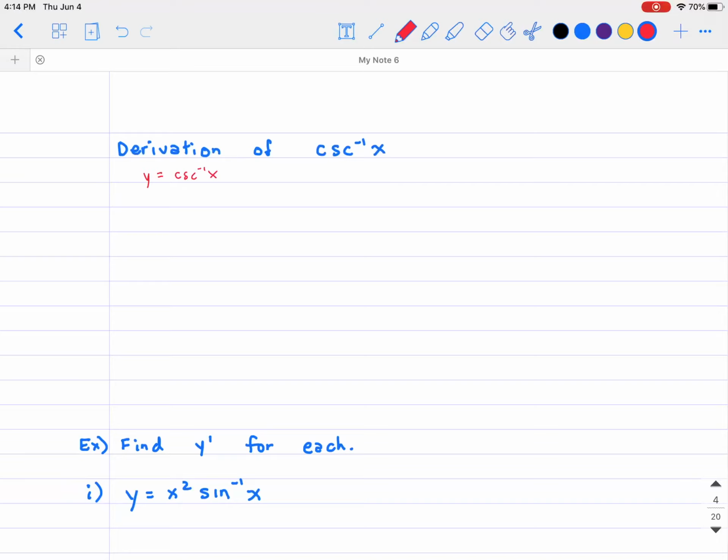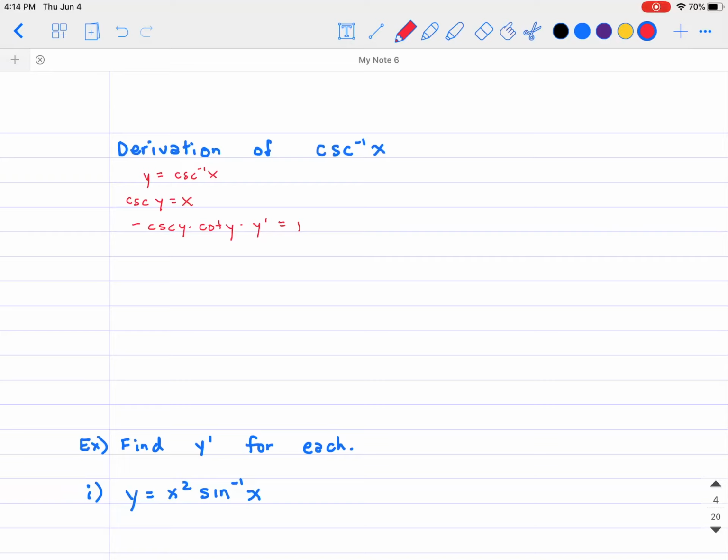So first we'll start by saying y is equal to cosecant inverse of x. So cosecant of y is equal to x. And then now I'm going to take the derivative using implicit differentiation. So the derivative of this equation, we're going to get negative cosecant of y multiplied by the cotangent of y multiplied by y prime, and that's equal to 1.